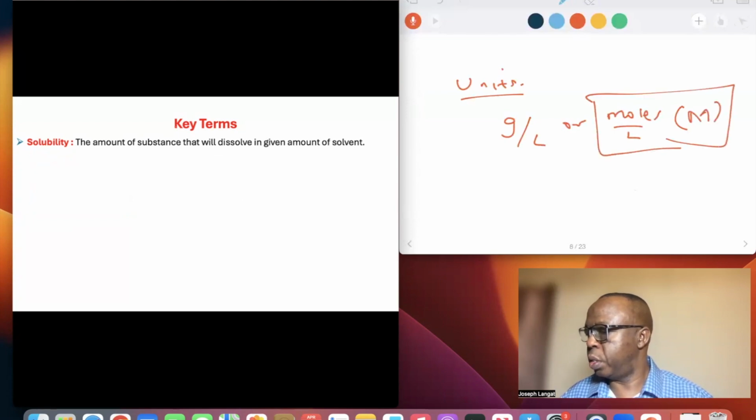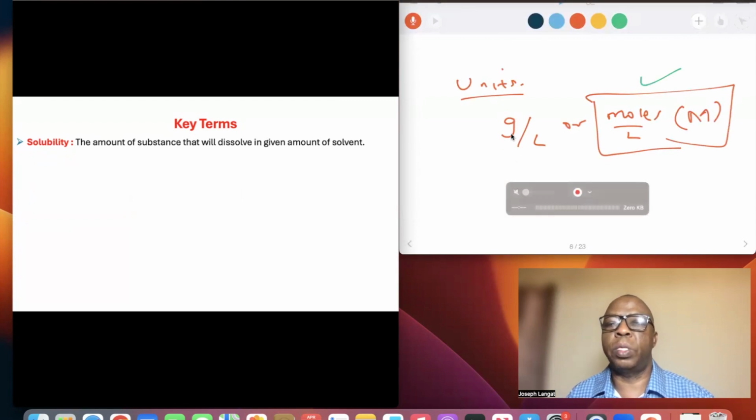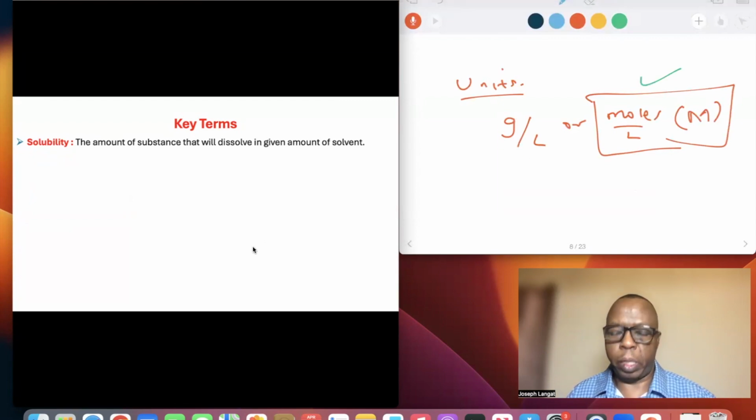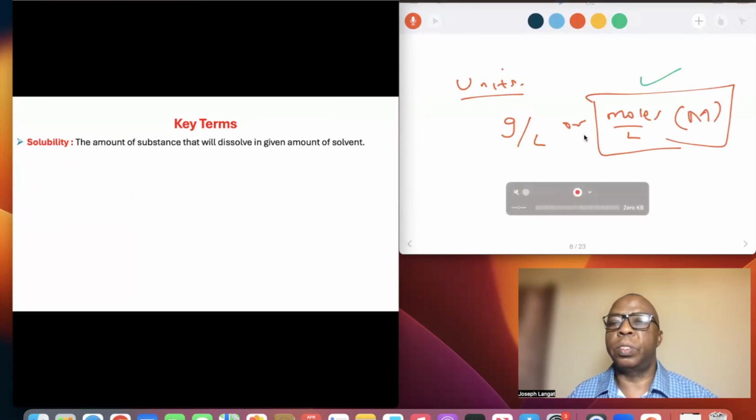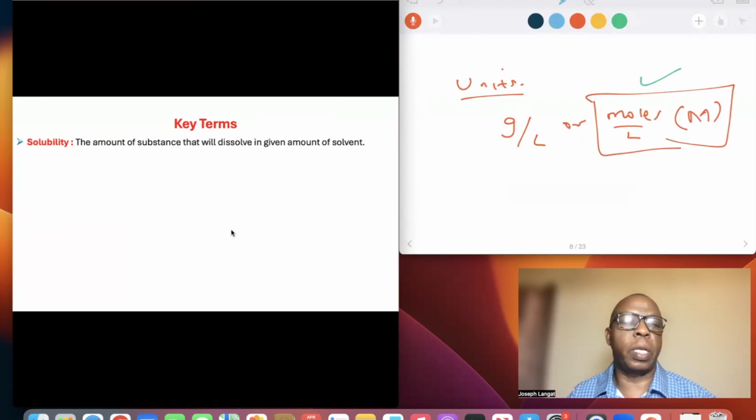These are the units we'll be using, but some texts may use grams per liter for solubility. So the amount of solvent is always in liters.